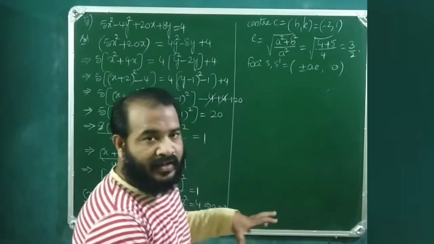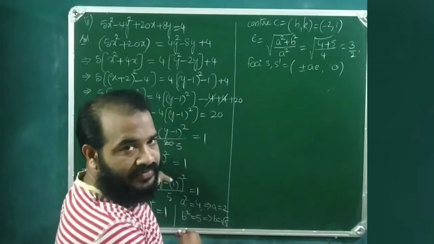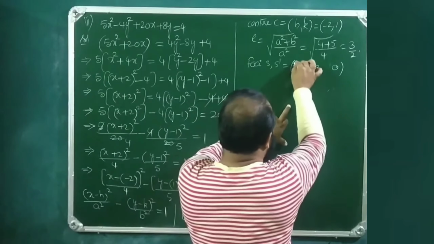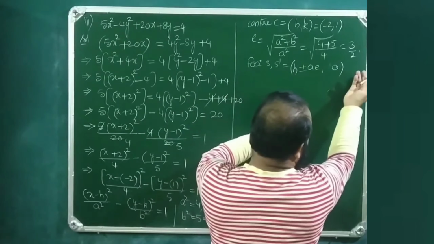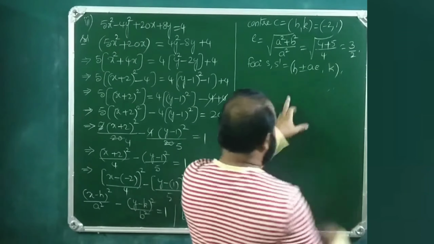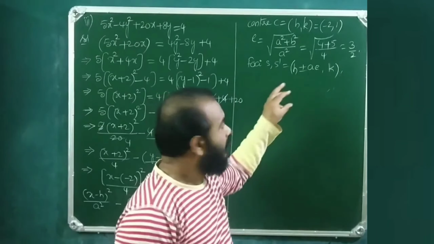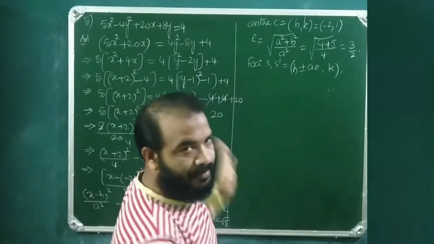But here a shifting of origin has taken place. So for this add h, and for the y coordinate add k. So this is going to be the foci of this hyperbola.